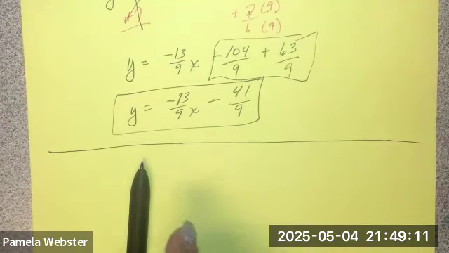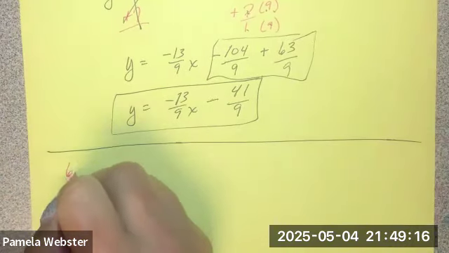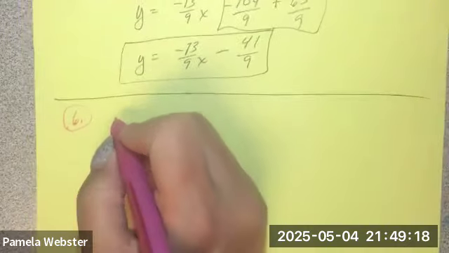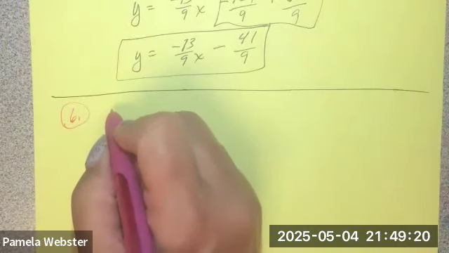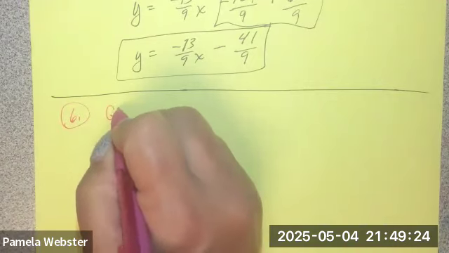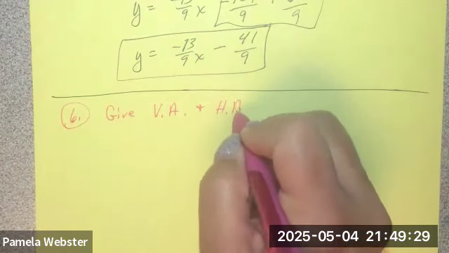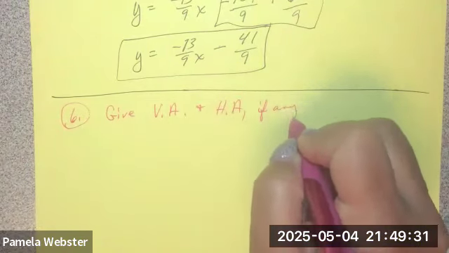I feel like there's going to be one where you have to talk to me about the asymptotes, because we talked a lot about rational functions. So again, on this test that I'm looking at, it says give the vertical asymptotes and the horizontal asymptotes, if any. Okay.